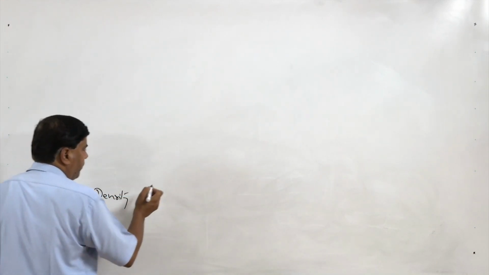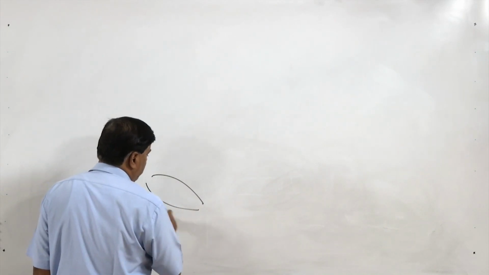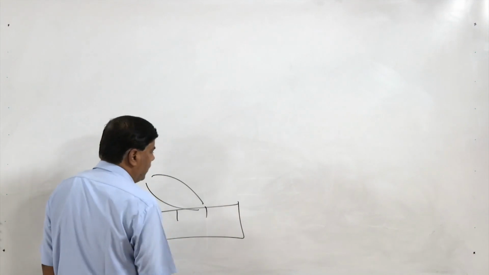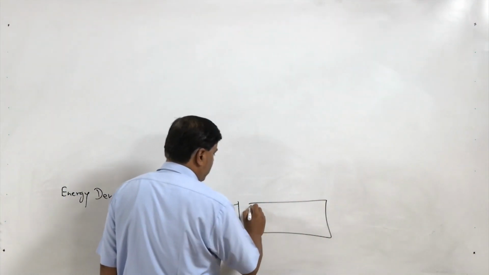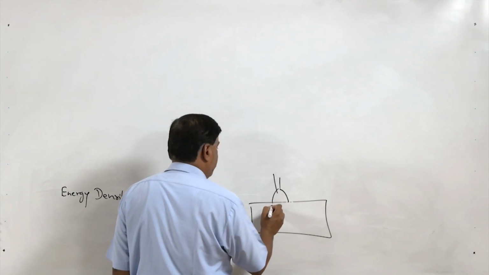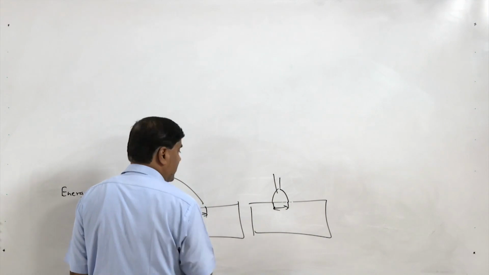Say there is a flame, like in gas welding, which is applied over a large area like this, or there is a welding arc which is applied over a smaller area as compared to gas welding.